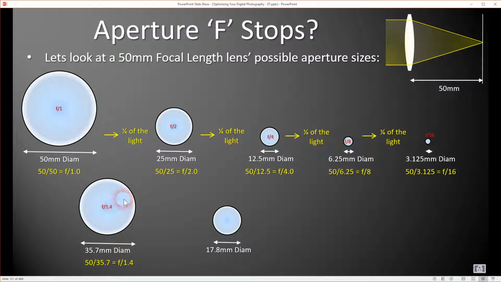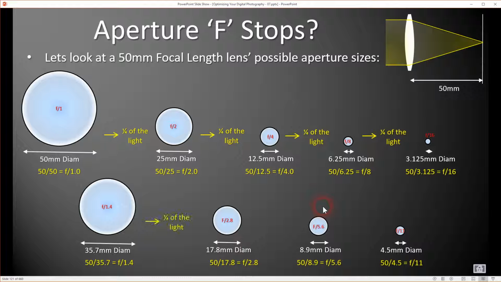If we halve the diameter again, we get down to 2.8, 5.6. So we've basically gone along the bottom, reducing by half the diameter, the same as we did along the top. A quarter of the light, a quarter of the light.